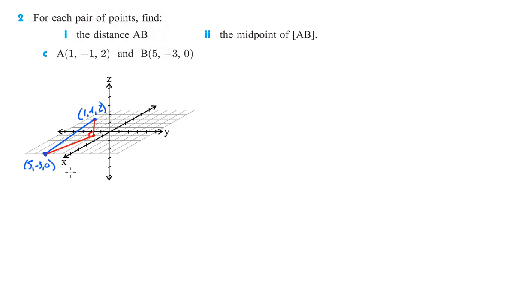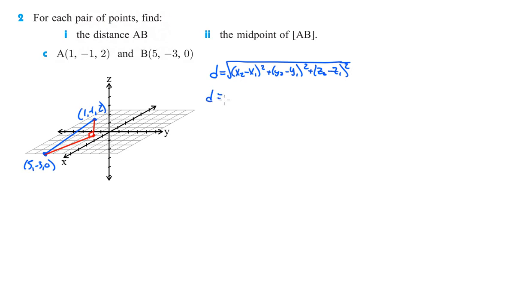So really all we need to do is use our distance formula, and the distance formula is the square root of x2 minus x1 squared plus y2 minus y1 squared plus z2 minus z1 squared. So it's basically just subtracting, and taking the square root of all of the distances between each of the x's, y's, and z's squared.